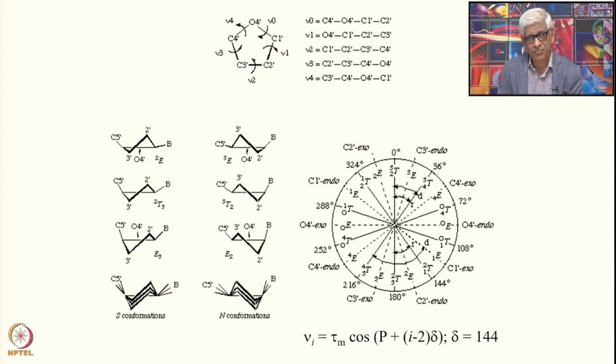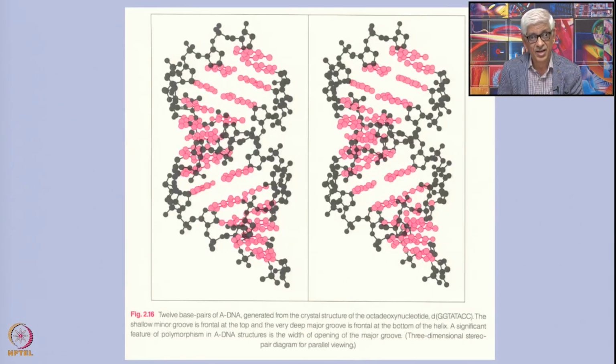So if you take a short segment of the DNA or the RNA, you might be able to work out what kind of structure is propagating through the entire polymer. And that is what was done, and they came out with different kinds of DNA structures, and those are indicated here.